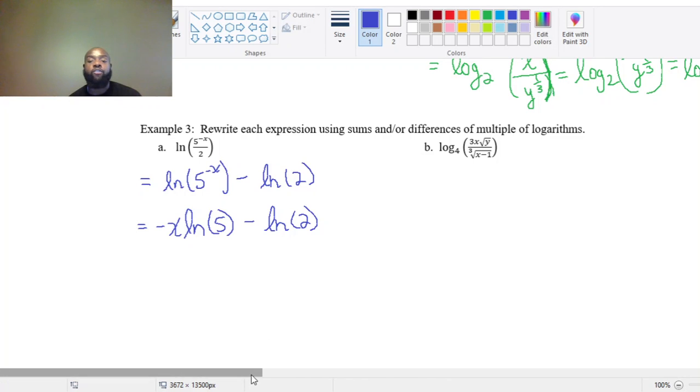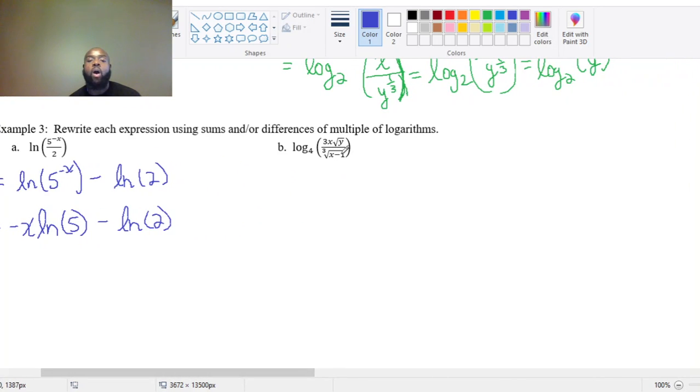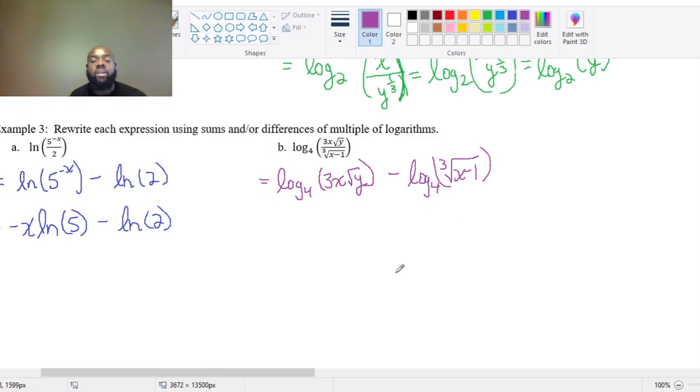We have log at base 4 of 3x square root of y over the cube root of x minus 1. If I'm going to expand this, I can write this as log at base 4 of that numerator, which is 3x square root of y, minus the log at base 4 of the cube root of x minus 1. Right? Now, there's still some expansion that I can do because that's a product of three things.